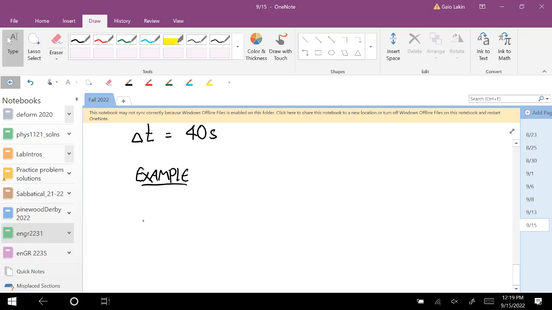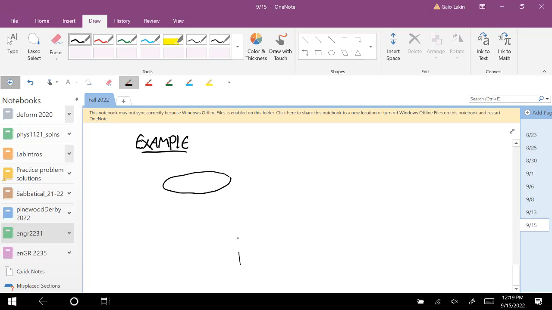So let's say now that you have a tank with an inlet and an outlet. And it's liquid water going in and out.